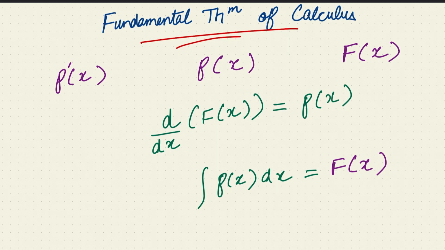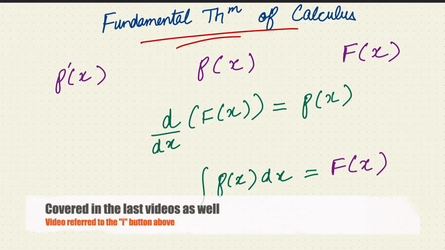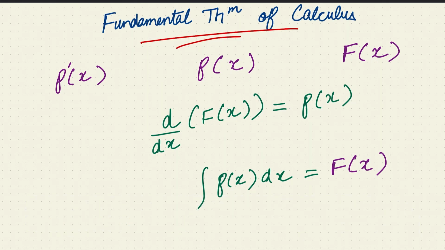So this is the fundamental theorem of calculus. It basically represents that differentiation is the reverse of integration. So whenever you are integrating a function, you basically have to find another function for which, if you take the derivative, you'll get your original function back.